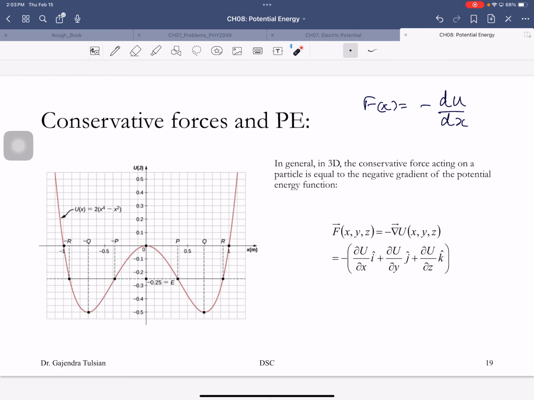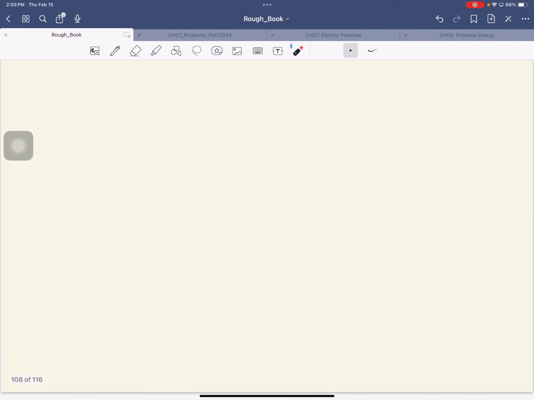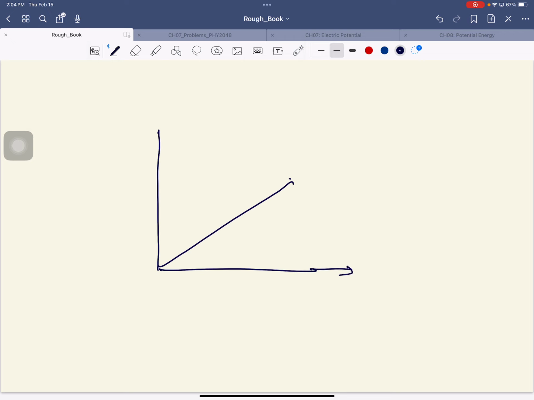The gradient operator tells you that, in this instance, the force is equal to the sum of the partial derivatives of the potential energy function in each of the standard directions. So the partial derivative with respect to x in the i direction, plus the partial derivative with respect to y in the j direction, plus the partial with respect to z in the k direction.